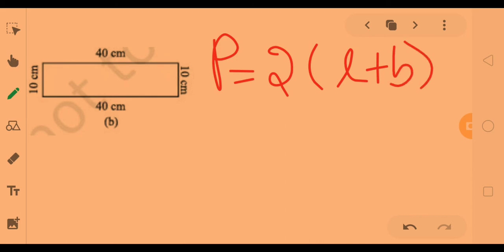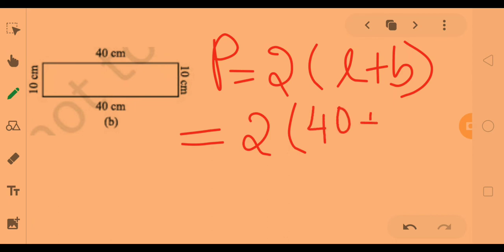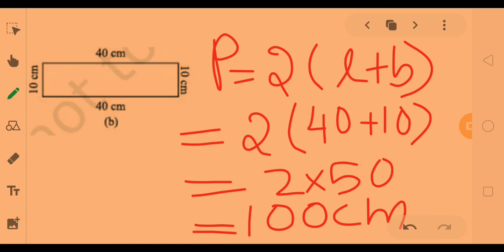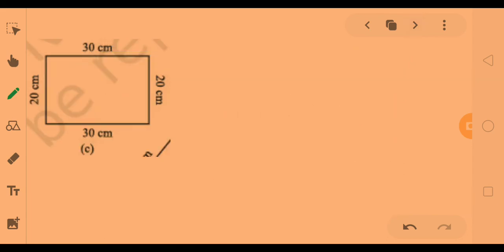Let's move on to the next figure. Next figure is a rectangle. Let us find the perimeter of this rectangle. Perimeter is equal to 2 times length plus breadth, which is equal to 2 times, length is 40 centimeter and the breadth is 10 centimeter. So bracket number we add first. So 40 plus 10, 50. 50 times 2. So we get 100. So 100 centimeter is the perimeter of a rectangle. Moving on to the next diagram.